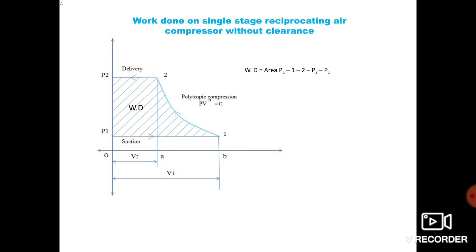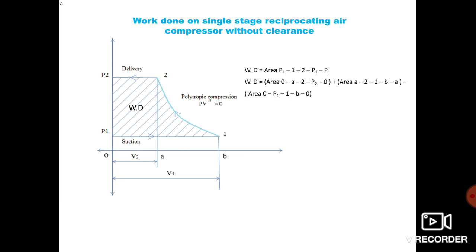So we have added rectangle O, A, 2, P2, O to the area A, 2, 1, B, A, and minus the smaller rectangle, that is O, P1, 1, B and O, which will give this particular area of hatching lines.